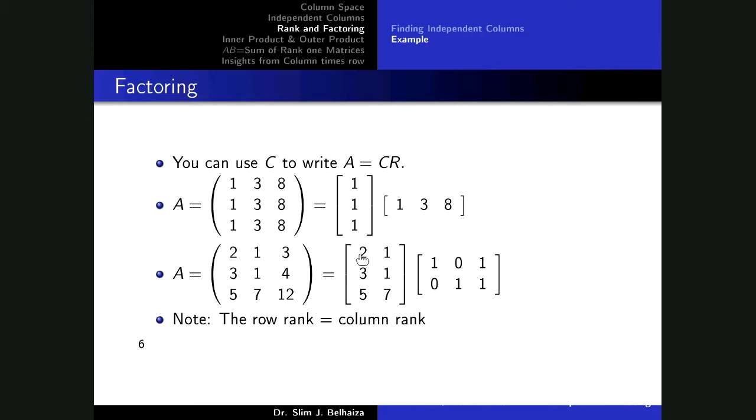If you want to generate the second column, you multiply by [0, 1]. And finally, the last column should be the sum of columns 1 and 2. That's what we are doing, that's why we're doing 1 plus 1. So in general, in algebra, you know, guys, that the row rank, or the number of linearly independent rows, is equal to the number of linearly independent columns. And this is true for all matrices.